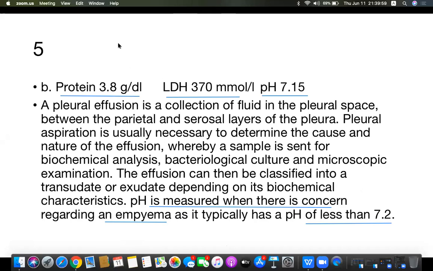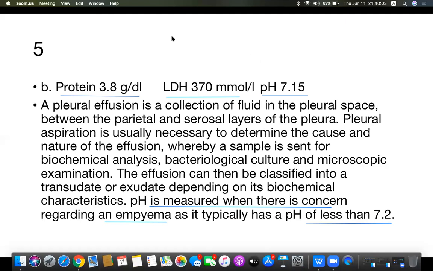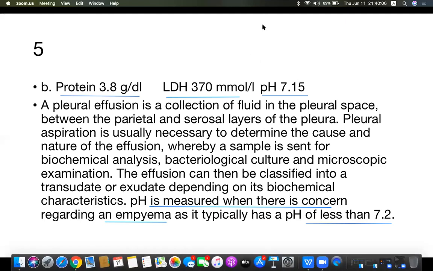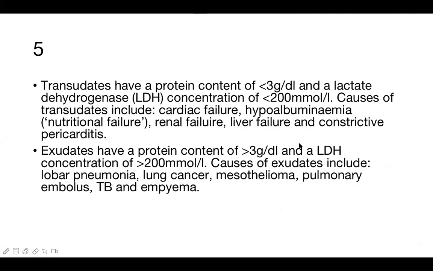Okay, let's discuss something more here. Now see that transudate have a protein content of less than 3 gram per deciliter and a lactate dehydrogenase concentration of less than 200. This is transudate. So this is how we confirm transudate.